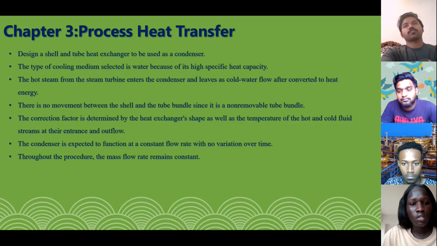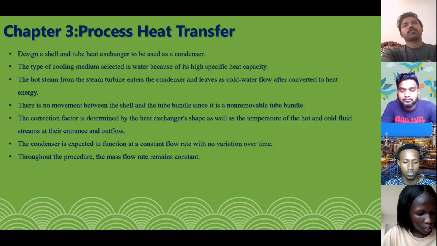This makes sense as the references give a correction factor of 1. Next we had to calculate the surface area from the equation Q = U A F ΔT log mean, where U is the overall heat transfer coefficient.